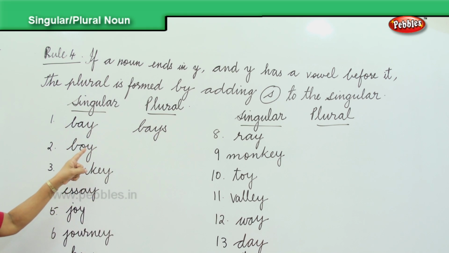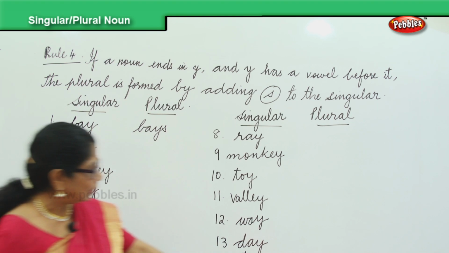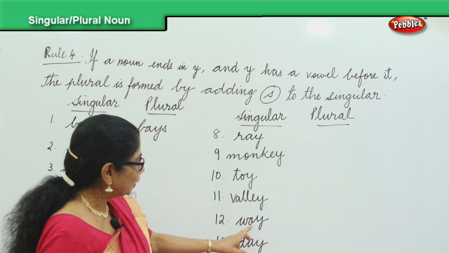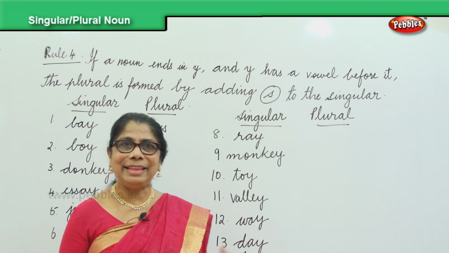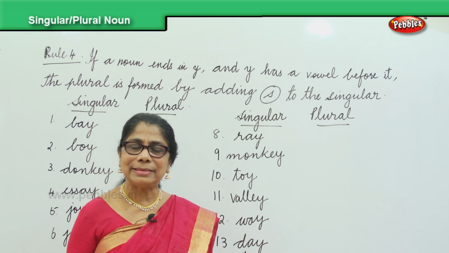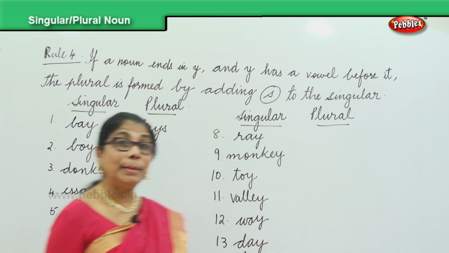Look at all the words. All the nouns have a vowel before the Y. And therefore, you simply add an S and we get the plural noun.